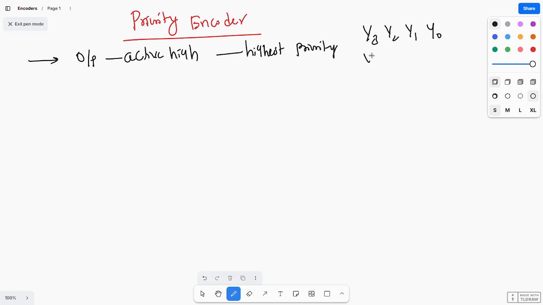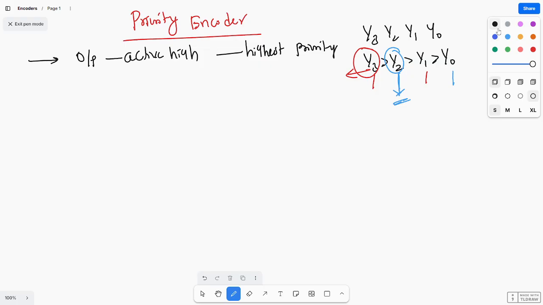So y3 has the highest priority, then y2, next y1, then y0. So suppose two inputs are 1, say y3 and y1 both are 1; since y3 has higher priority, it will give the output for y3. Suppose y2 and y0 both are 1; based on the priority level, y2 has priority, so it will give that output.